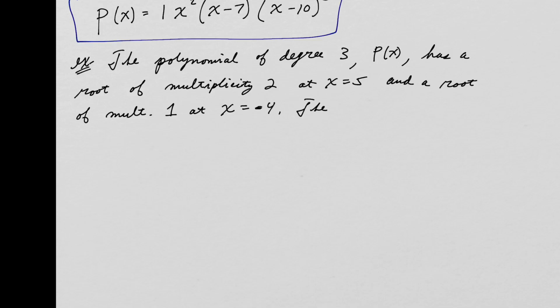You're also told the y-intercept is (0, -20). We're going to need that because we need a point. We're going to need a point to figure out the leading coefficient, right? The a term. So now we want to find a formula for p of x.